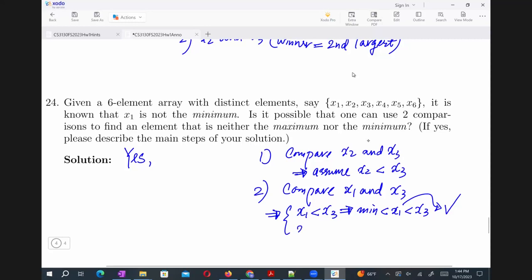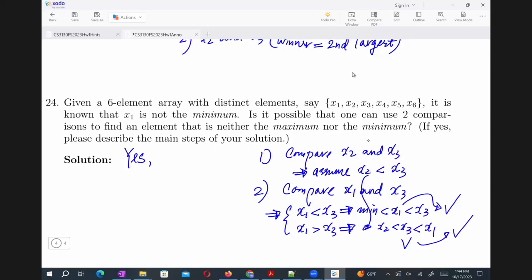Another case, x1 greater than x3. Now you combine with the first comparison: x2 less than x3 less than x1. So x3 is the solution.